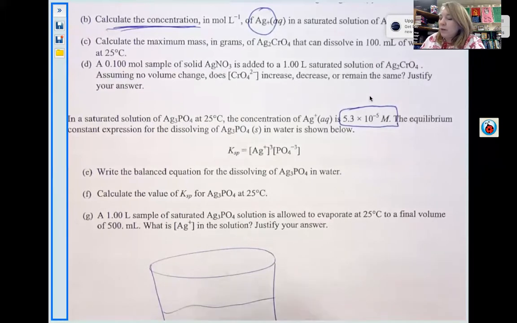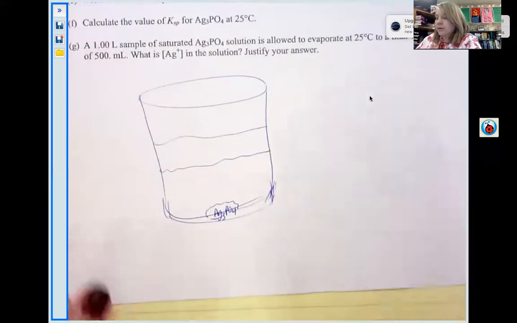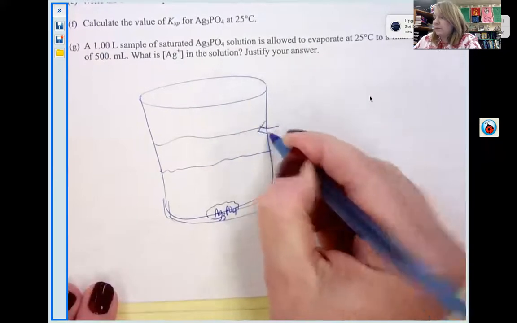But as you have water to evaporate, okay, remember, we've got solid stuff down at the bottom. This is our solid silver phosphate down here. Okay, so let's say this is our original amount.